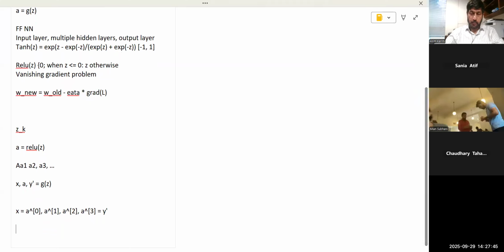So any a for a layer I, अब यह मैंने सुपरस्क्रिप्ट में नहीं लिखा है, wrote it just like this would be some activation function g applied on a weight matrix, now it will be a matrix in general, ठीक है, I multiplied by a I minus 1 plus b I.